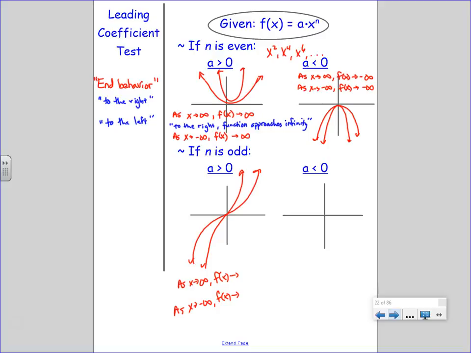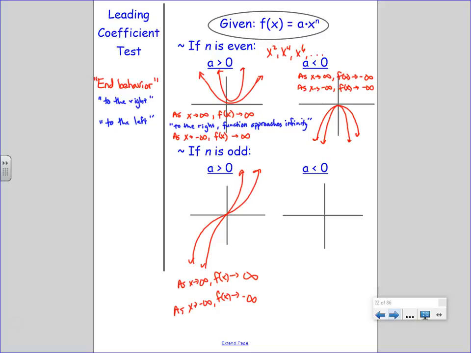The top one, as x approaches where? Positive infinity. Can you give me a simple way of thinking about it? To the right. As I head to the right, as x approaches positive infinity, where is f of x going? Up. But how would I answer this statement as x approaches negative infinity, or as I read backwards to the left? Goes down. Negative infinity.